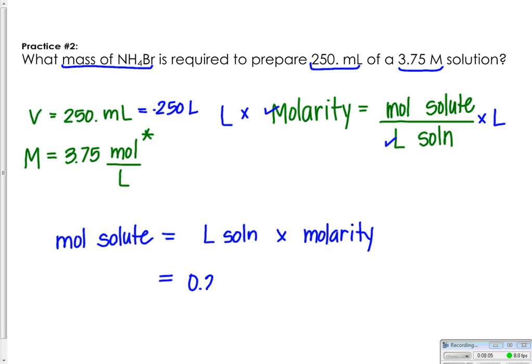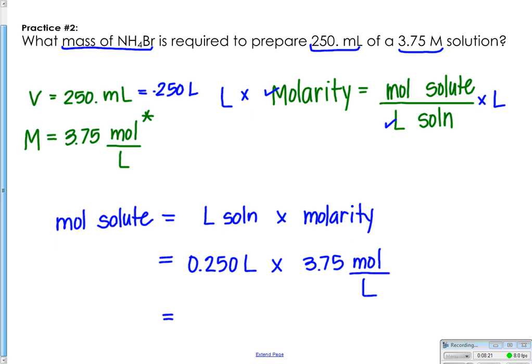So 0.250 liters, it has to be in liters for this to work, times the molarity of 3.75 moles per liter. That's why it has to be in liters, or those units won't cancel. When I do that math, I get an answer of 0.938 moles. And that's moles of the solute.